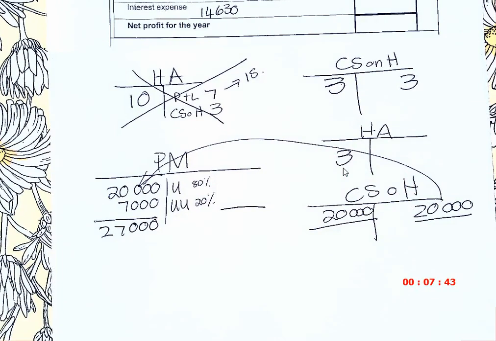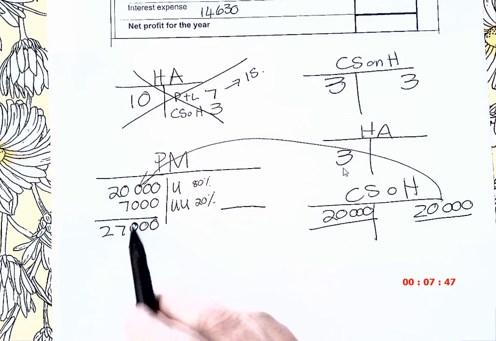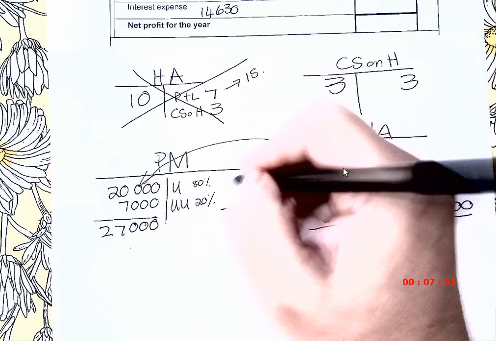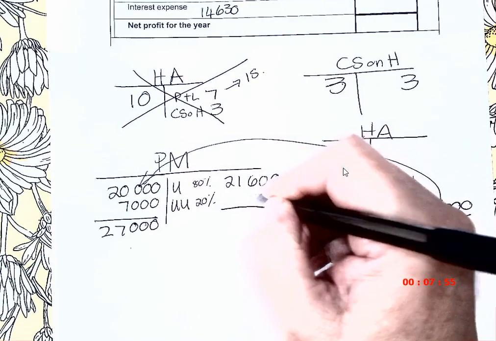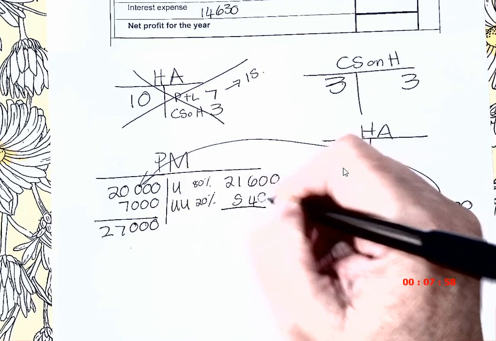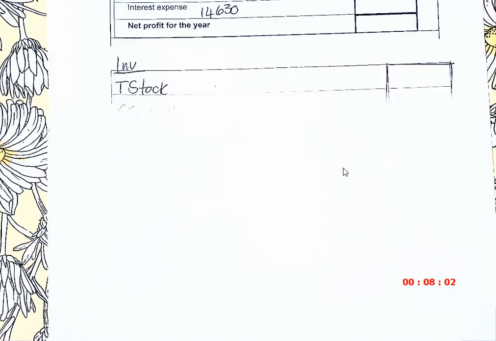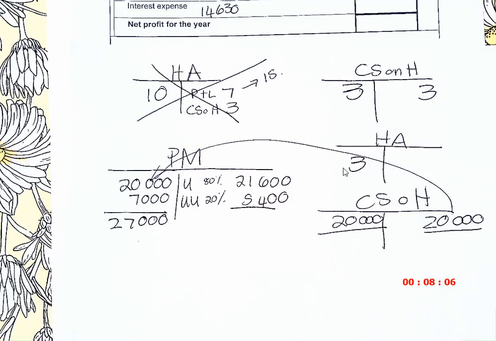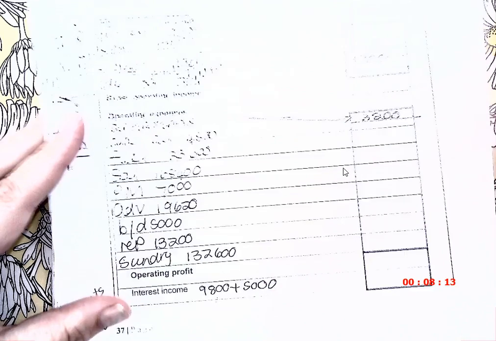I'm going to work on the 27,000, not just the 7. So 27 times 80% used is 21,600. And then how much did I use? 5,400. So in other words, if I go to my income statement, my packing material is going to be 21,600.